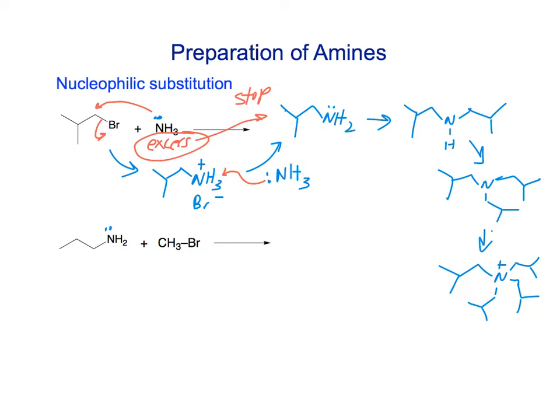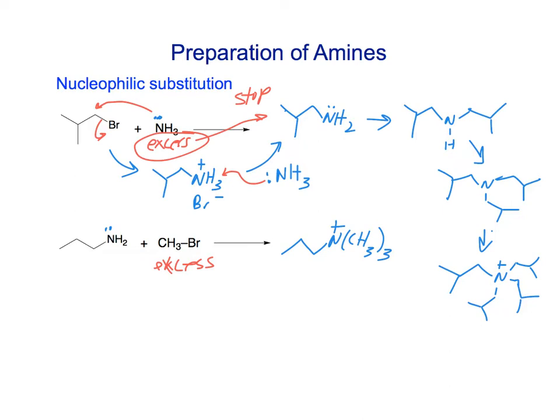Okay, so sometimes if we use excess ammonia, we can get it to go only one time. But it's still not such a great way. If we want the ammonium ion, for example down below, if we use an excess of the alkyl halide, then it really will always go all the way to the quaternary ammonium ion.